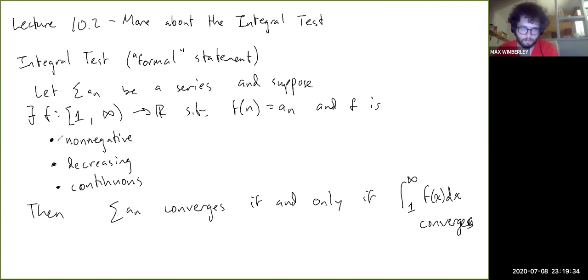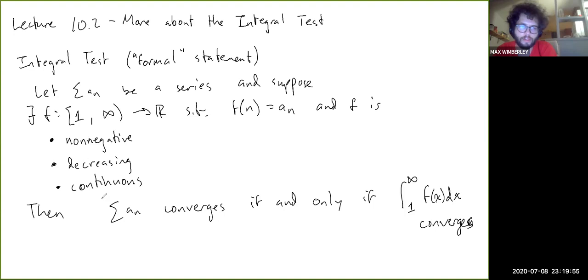So this collection of properties is kind of important. I think maybe the ones that are relatively obviously necessary are non-negative and continuous, just because it's clear that if you drop the non-negativity, then all sorts of weird things can happen.